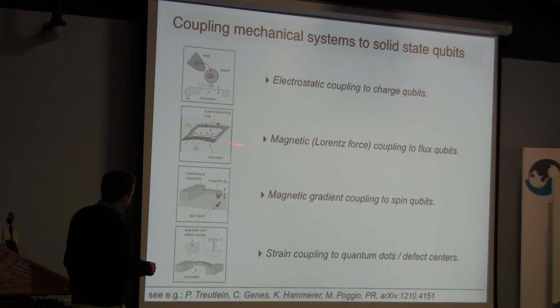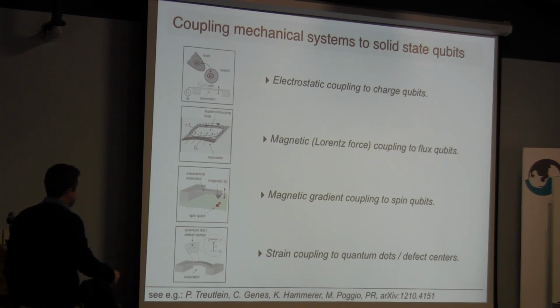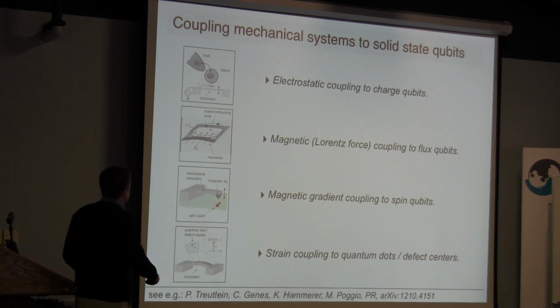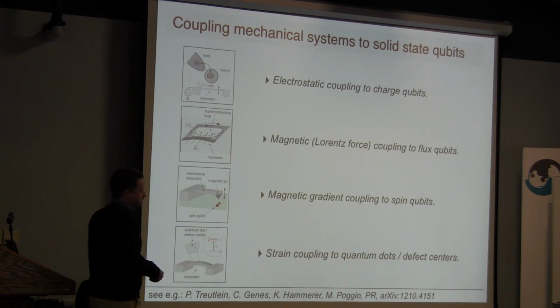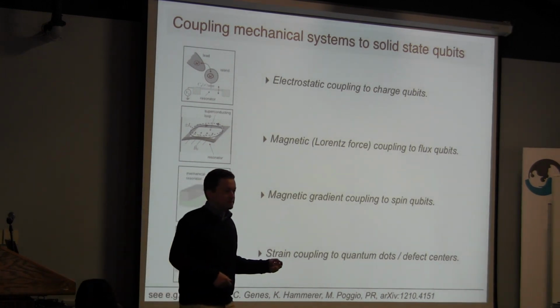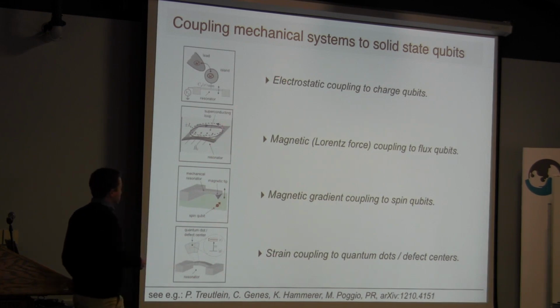Shortly after, people thought about coupling flux qubits by making use of Lorentz force interactions or magnetic coupling. You can couple spin qubits by making use of magnetic field gradients, and another idea put forward is to couple to the strain of a defect center embedded in the resonator. There are a lot of types of ideas, and many people have worked on it.